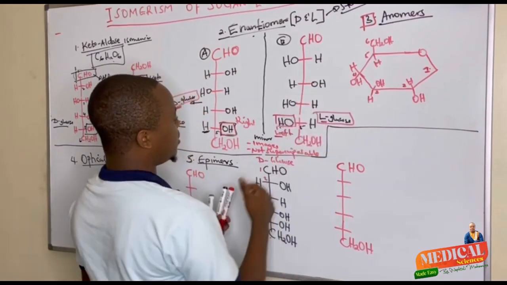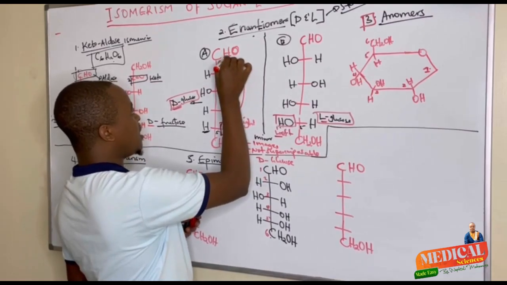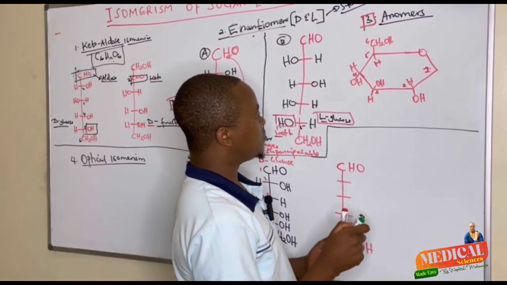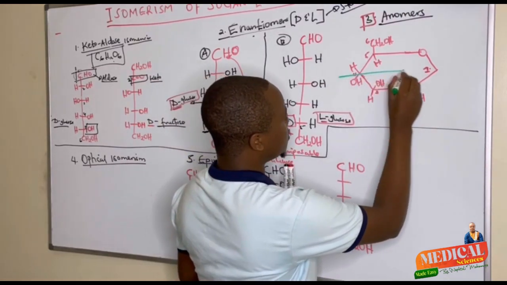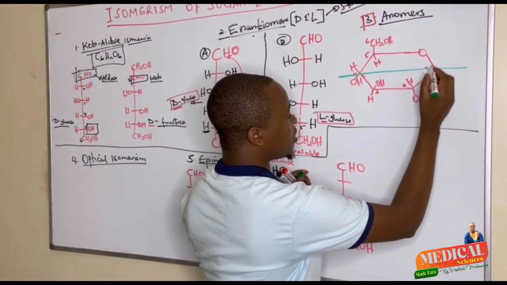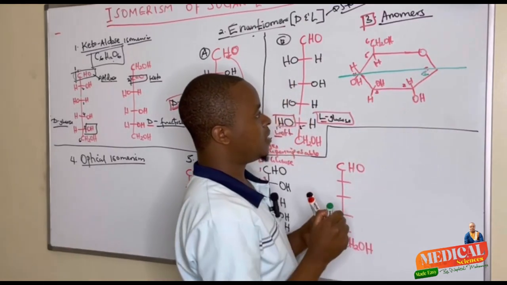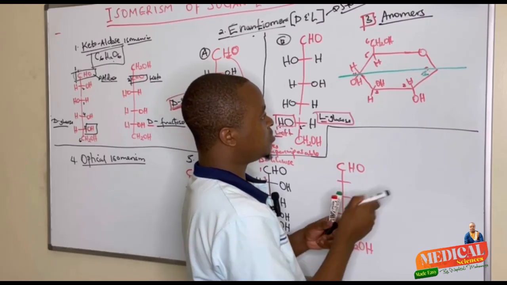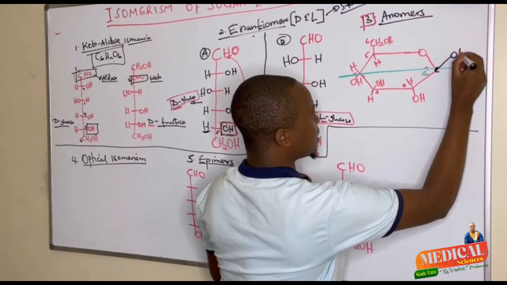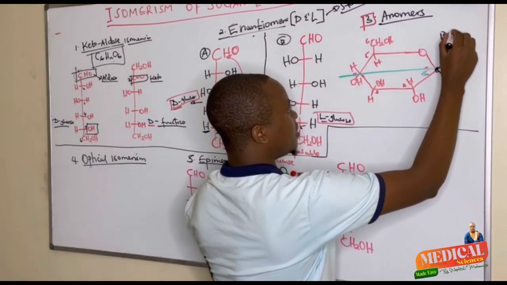When the hydroxyl group at carbon number 5 interacts with carbon number 1 to form a cyclized ring, if we put a plane in the middle, carbon number 1 is always known as the anomeric carbon atom. If the hydroxyl group at carbon number 1 is above the plane, we call it beta glucose.